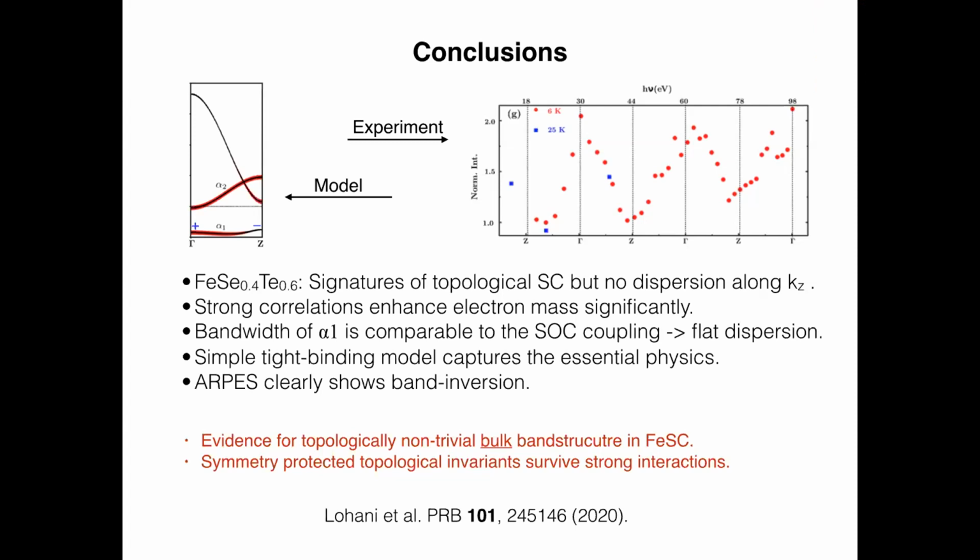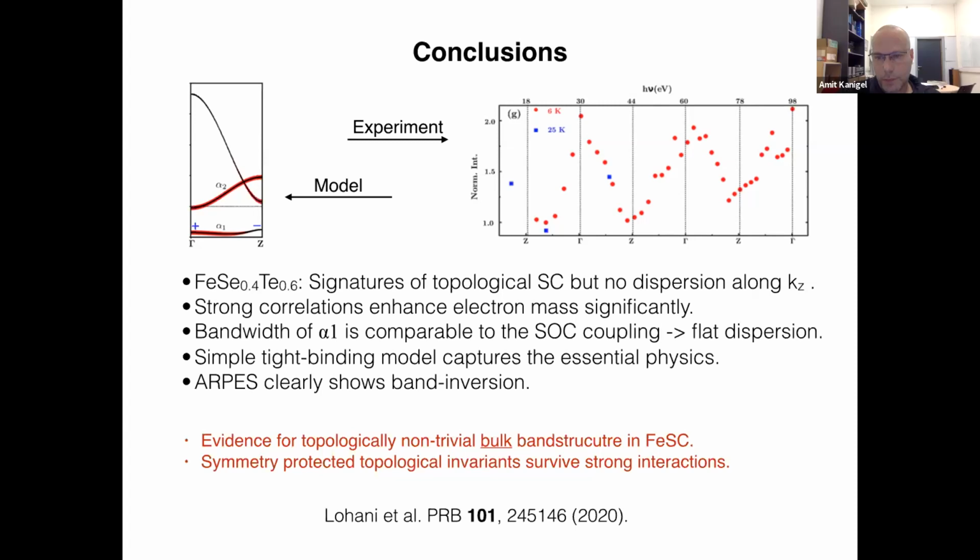Okay, thank you. And the second question is, in this slide, we can see the oscillation of the alpha 1 band with the photon energy. If I remember correctly, the space group of this FST material is a tetragonal crystal lattice, right?